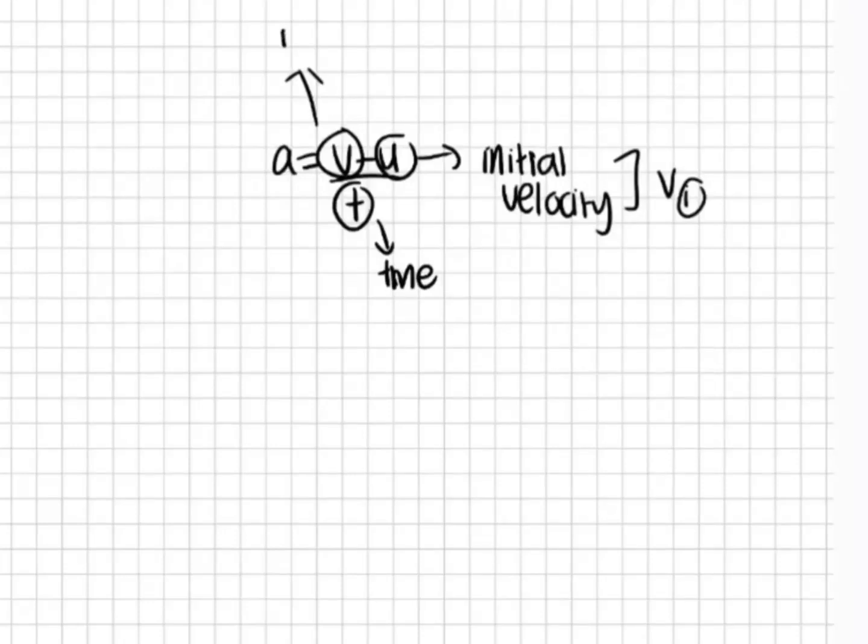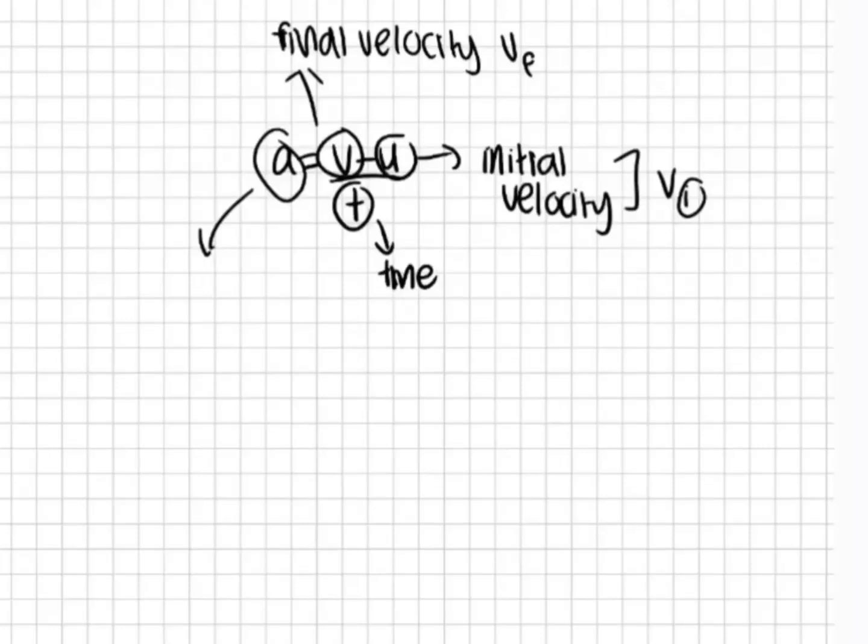And v is the final velocity, which can also be depicted as vf, v final. Then acceleration is in the units of meters per second squared. Okay, because we got this equation, we can now use it to solve some questions.